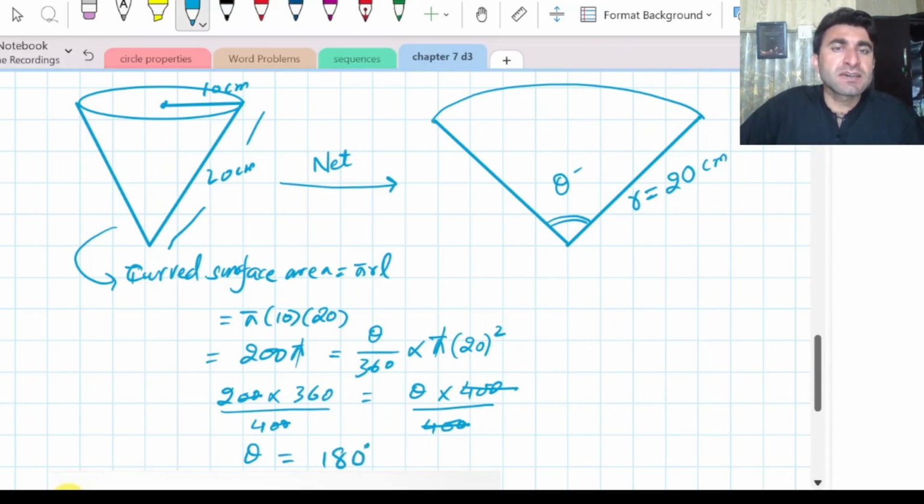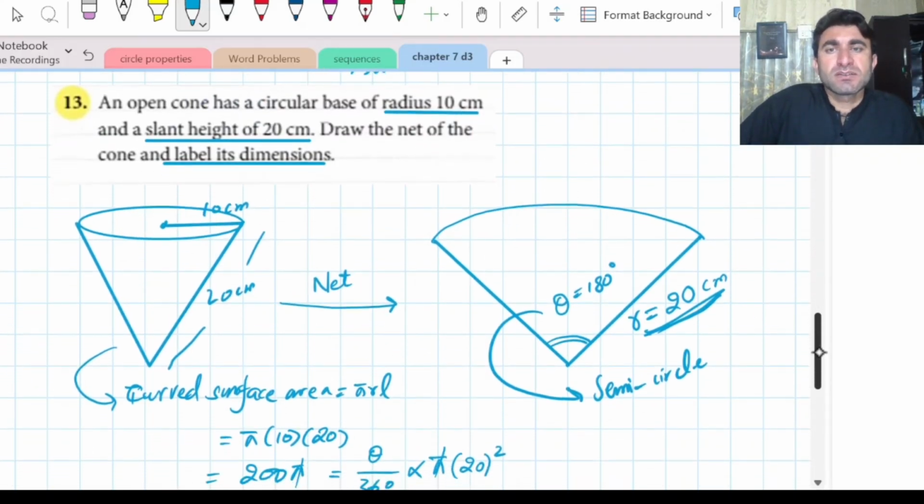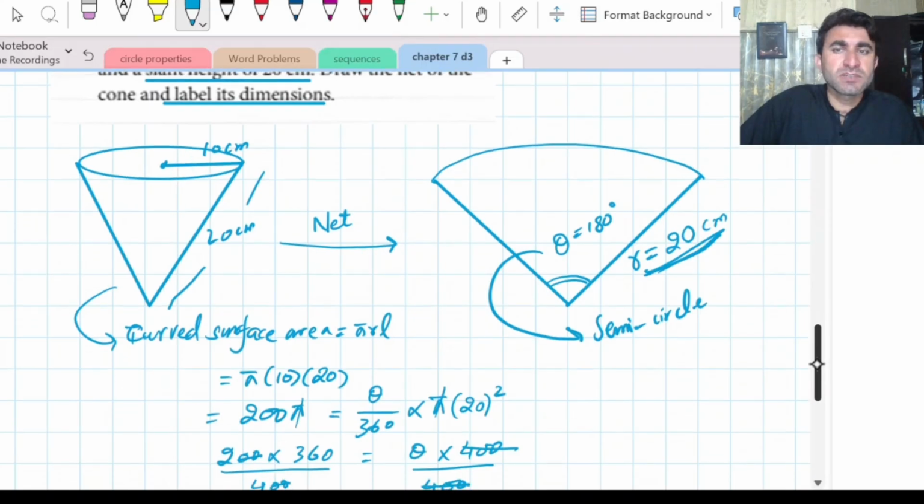If this angle is 180 degree, it will actually become a semicircle. It is a semicircle with the radius of 20 centimeters. So these are the two things we need to mention in the net of this cone. So this was the question number 13.